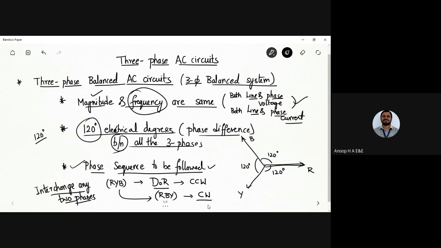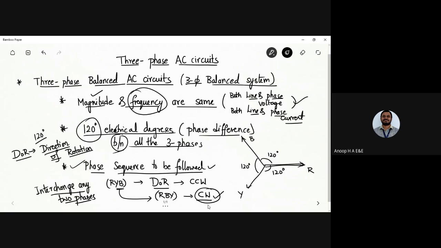So from RYB, I interchanged it to RBY, or any two phases; it might be YRB also. That would change the direction of rotation. DOR refers to direction of rotation.